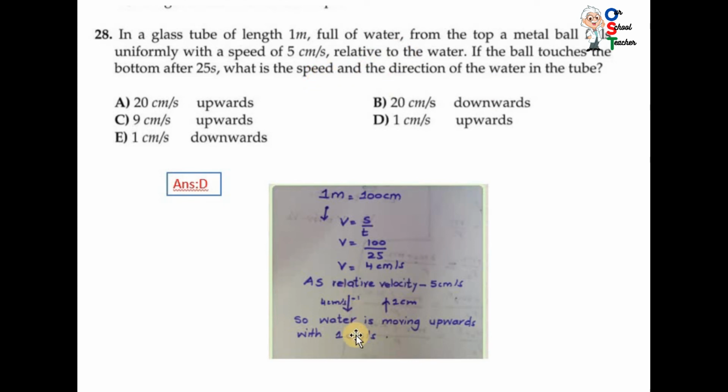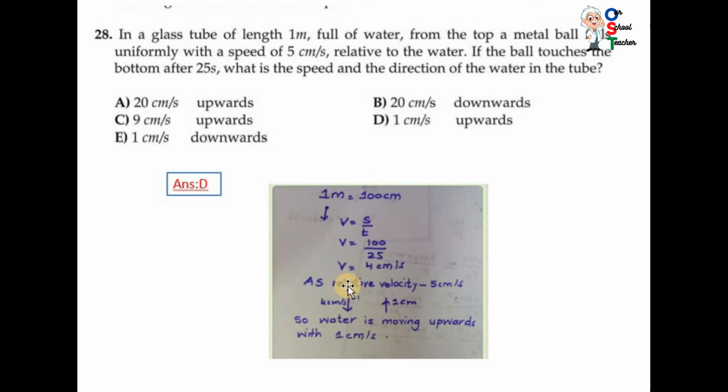So water velocity is 4 centimeter per second, and so water is moving upward 1 centimeter per second. 5 minus 4 is equal to 1. So D is correct.